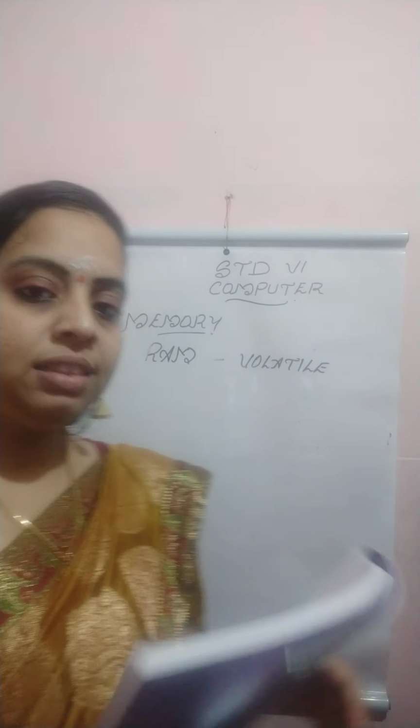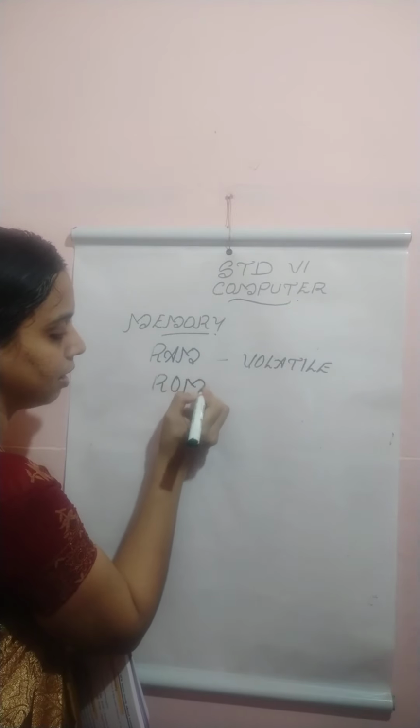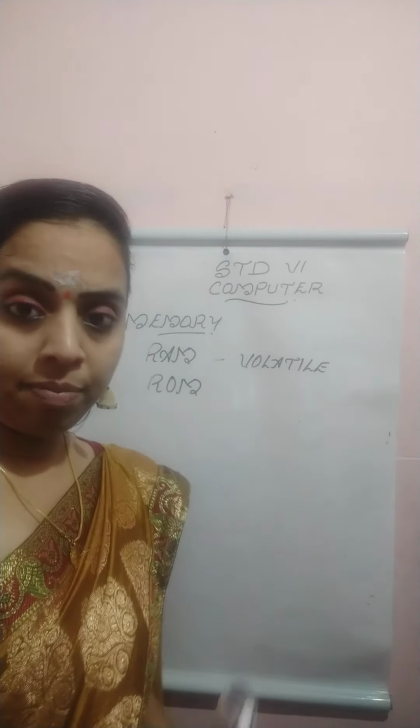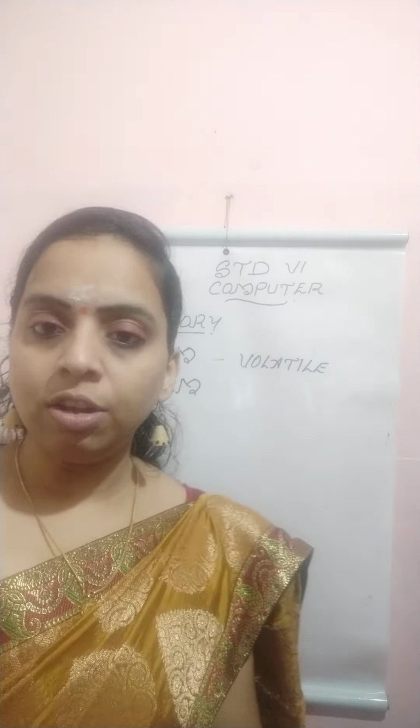Okay. Next is ROM memory. ROM is the abbreviation of read-only memory. And this memory is also, as I told, a primary memory. It is contained inside the CPU. And this ROM memory, its use is to just start up the computer. When we switch on the computer, this computer needs some instruction to wake up all its devices.